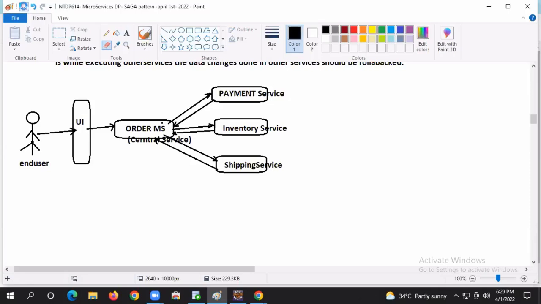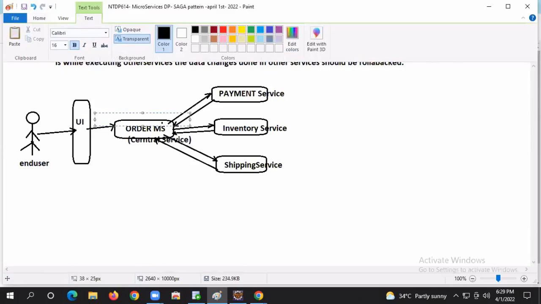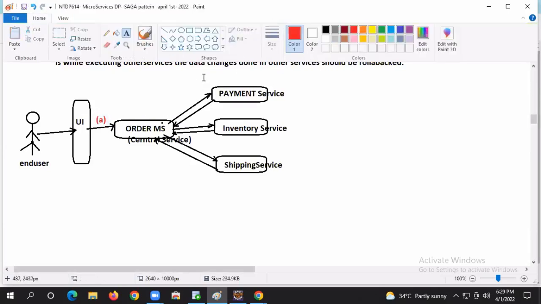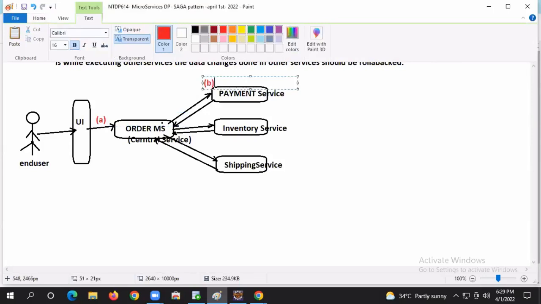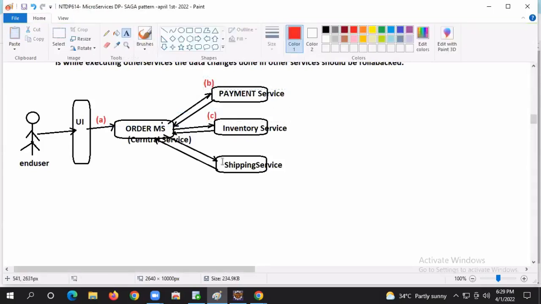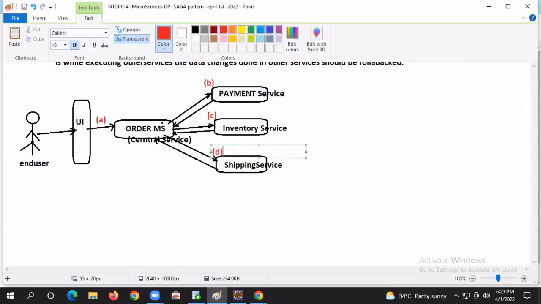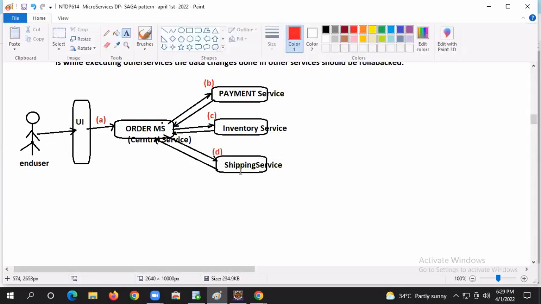Got the clarity. Now tell me, this is number one invocation, A. This is talking to this B. This is talking to this C. This is talking to this D. Okay, suppose some problem has come.